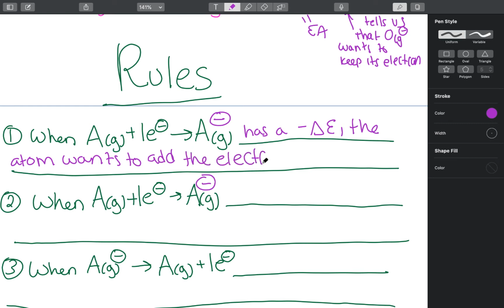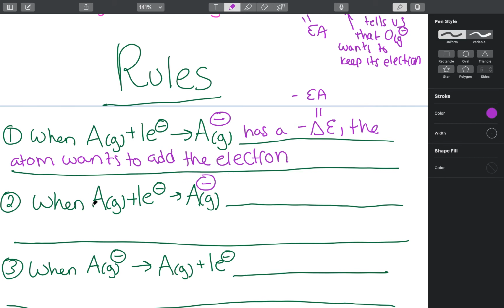So let's get rid of this circle. Sorry about that. So when you are adding an electron to a neutral species and it has a negative electron affinity, the atom wants to add the electron.